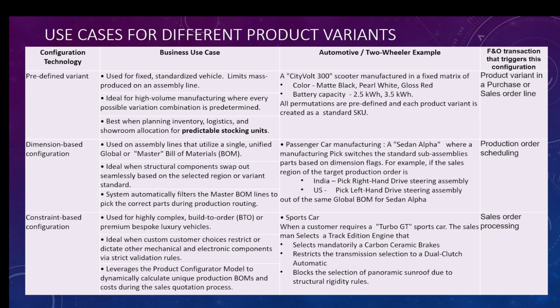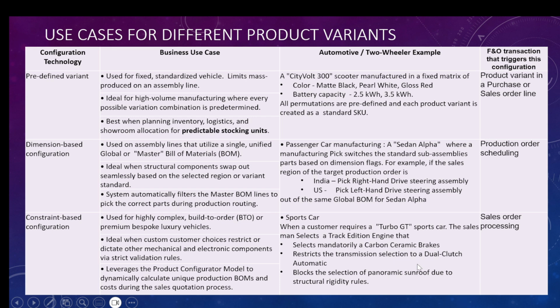One is there is no choice, and the other one is there is a choice, but you cannot select it. You can have only one choice, which is finalized, for example, in the case of clutch. And the second is you cannot select this component because it is blocked, because your requirement is a sports car, and so you cannot have a sports car and also have a sunroof. That's what it means.